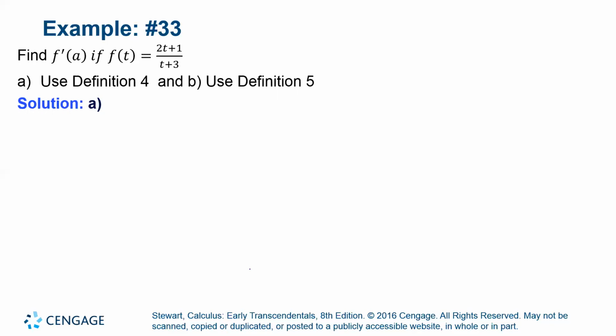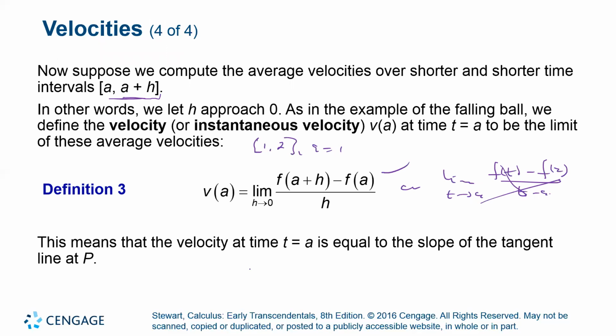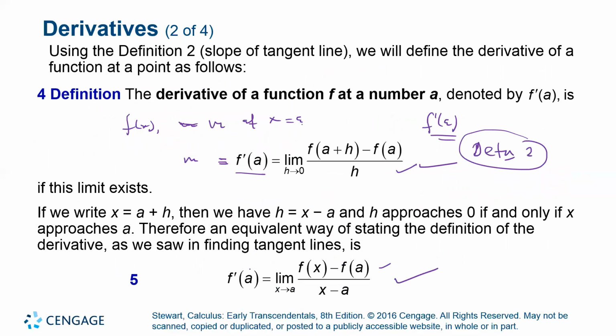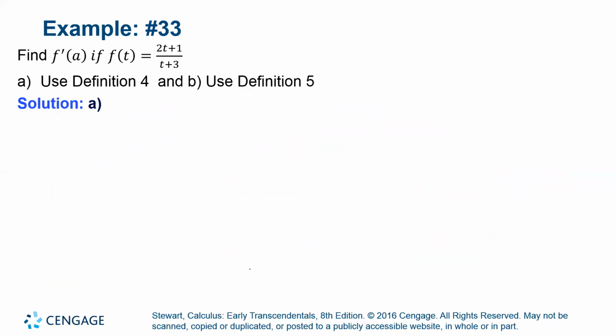Let's go back and see what definitions 4 and 5 are. This is definition 3. So definition 4 and 5, make sure that we are consistent with the notes.